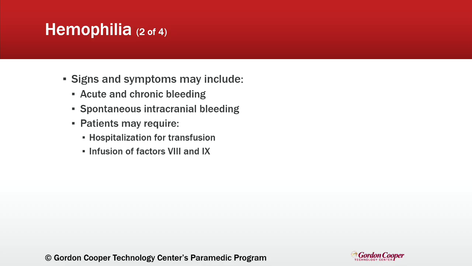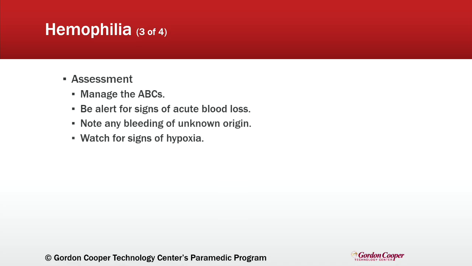Patients with significant acute bleeding episodes may actually require hospitalization for blood transfusions, or maybe infusions of those factors 8 and 9, as mentioned, that they have the deficits in.